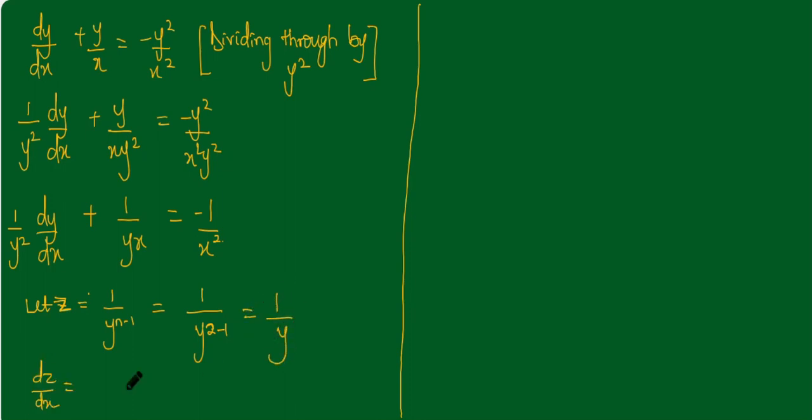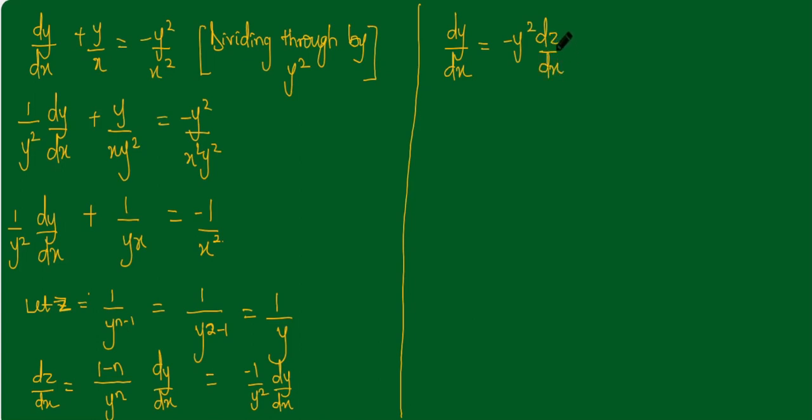So, now we know that our dz/dx is equal to 1 minus n divided by y raised to the power of n multiplied by dy/dx on differentiating implicitly. So on substituting n is equal to 2, we have our dz/dx to be minus 1 over y squared dy/dx. So dy/dx now becomes minus y squared dz/dx.